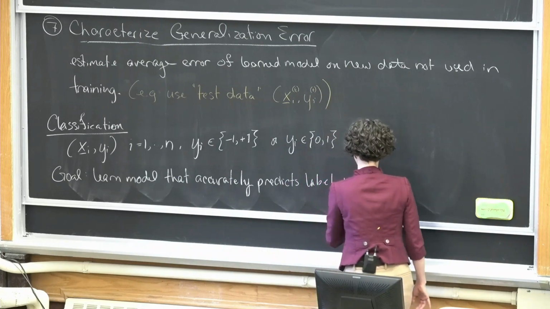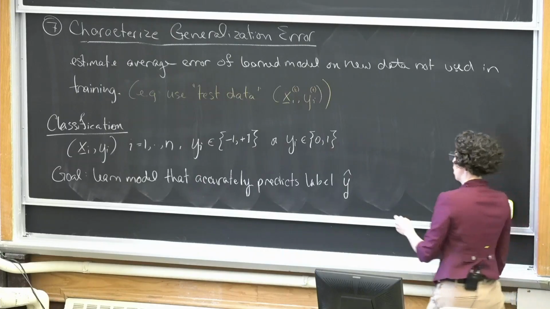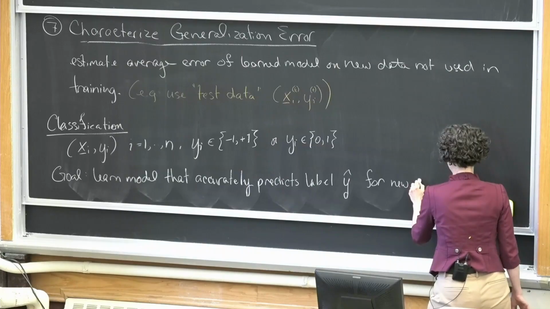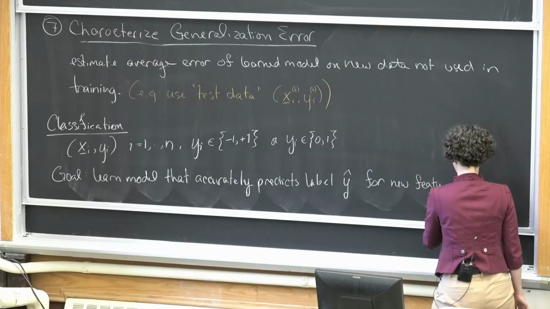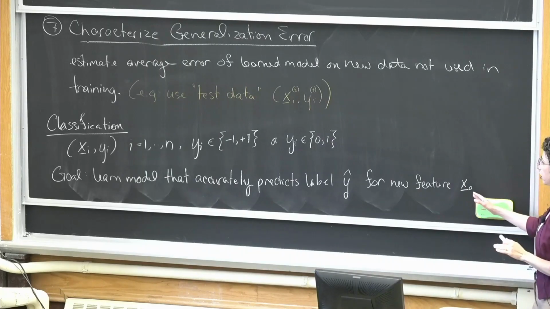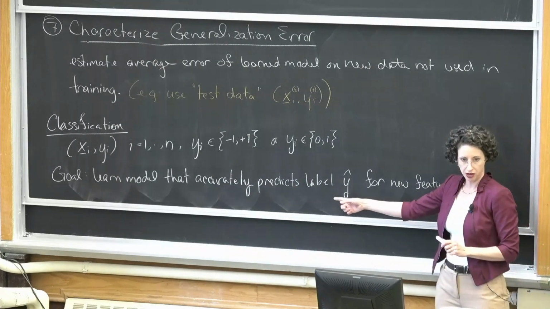So we're going to use y hat to correspond to the predicted label, for a new feature vector. I'm going to write this as x naught, just to be very clear that it is not one of our training samples. It's a new sample that we're going to get after training for which we want to make a prediction.